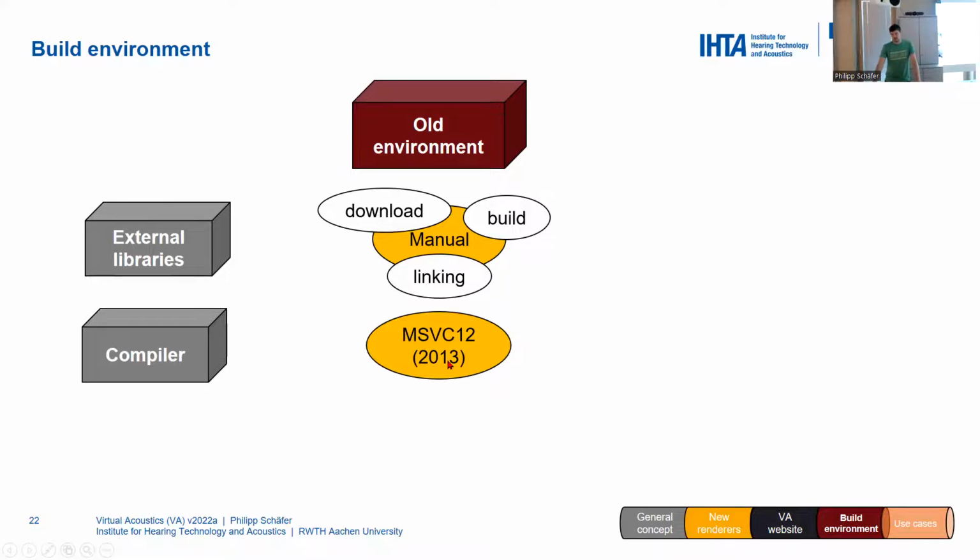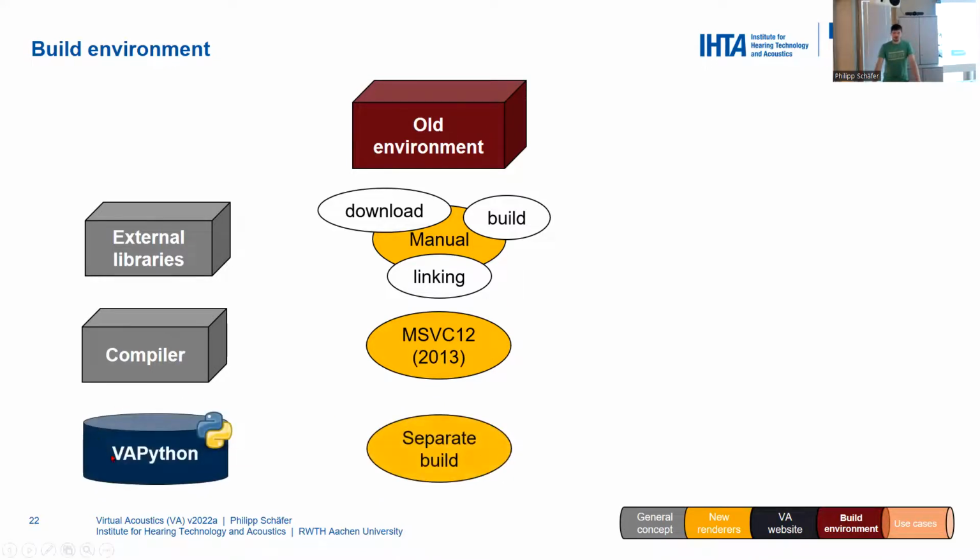And another drawback was that regarding our Python binding, we had to put this in a separate build because this did not work with the 2013 compiler. So maybe you're aware that there was always this VA full build and this VA bindings build. That's the reason why this was like this.